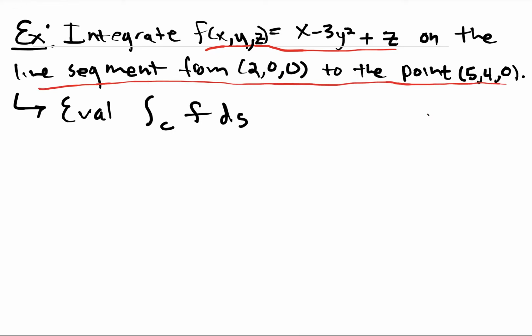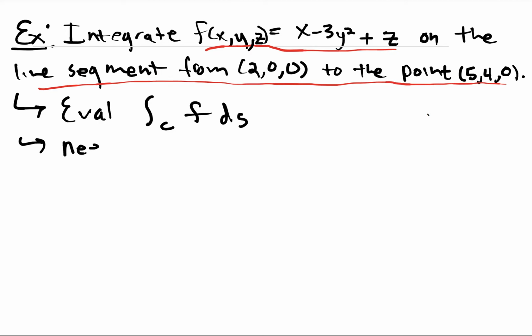Now, some comments on how we set this up, setting up our bounds, rewriting our function, and rewriting our differential. We're actually going to need a parameterization for our curve before we do any of these things, right?